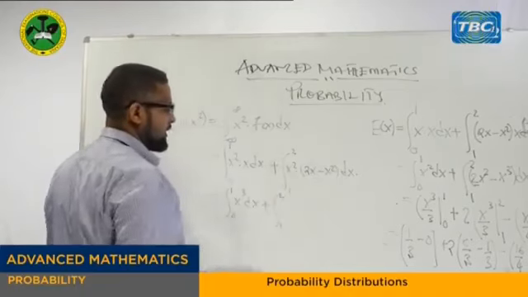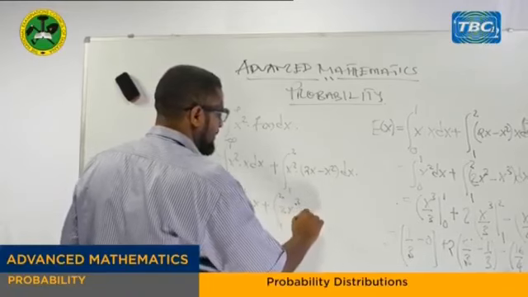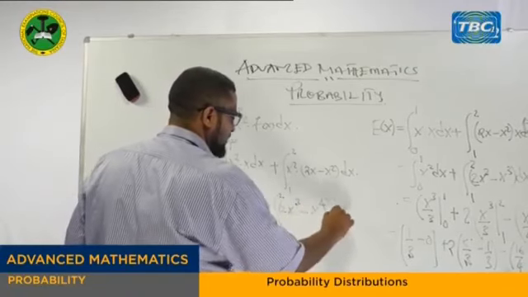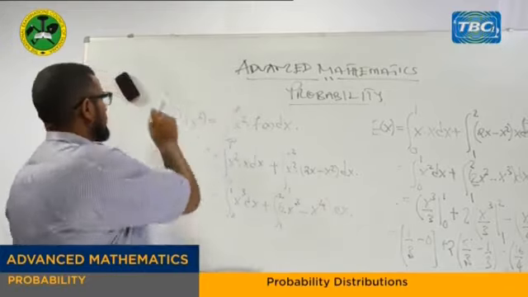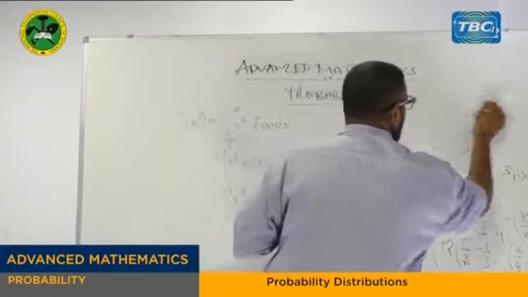When we open, we'll have 2x power 3 minus x power 4 dx. Thereafter, keep on simplifying.